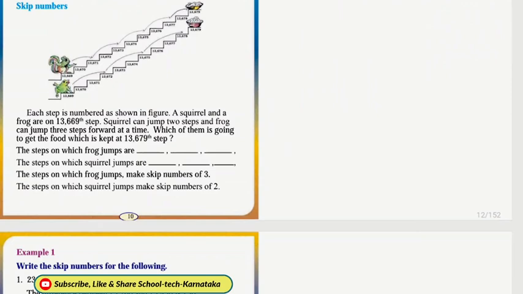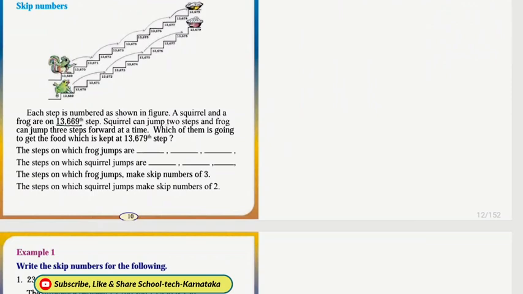So what do we have here? Each step is numbered as shown in the figure. A squirrel and a frog are on the 13,669th step.